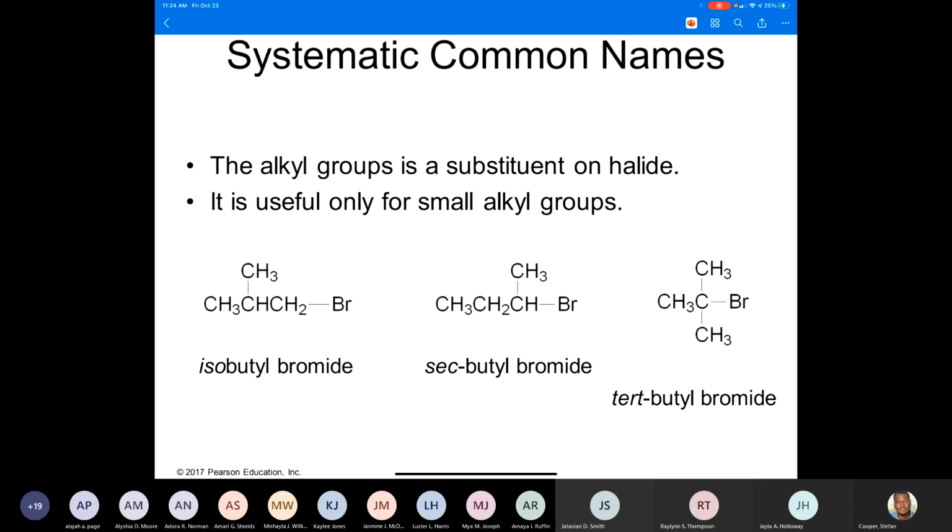So the bromine and the methyl group, they're attached to the same carbon, right? That's right. That would be carbon 1, right? That's correct. All right, good. So the name of this compound in IUPAC would be 1-bromo, 1-methyl propane. Right?